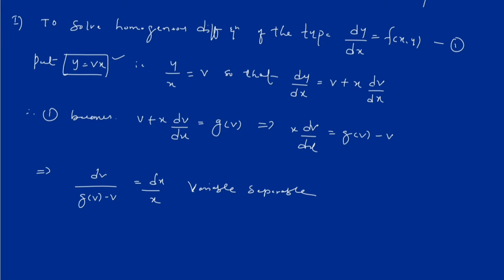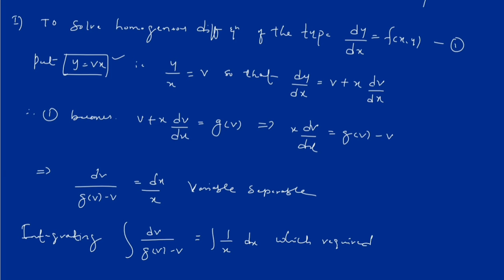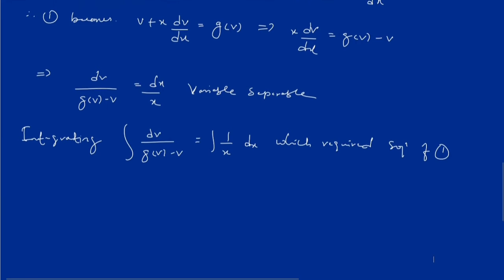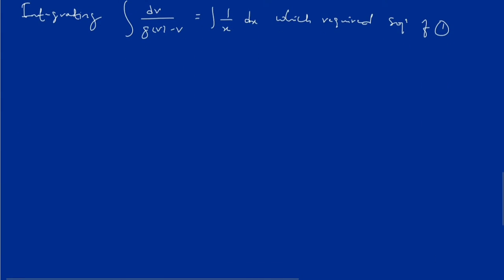Next, integrate this: the integral of dv by g of v minus v equals the integral of 1 upon x dx, which is the required solution of equation 1 when we replace v by y by x, what we substituted initially. This is one type, when dy by dx equals f of x comma y.